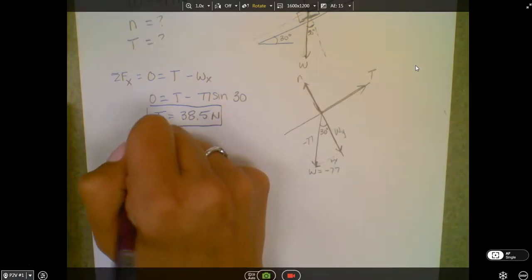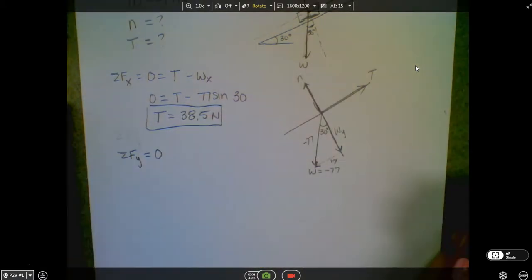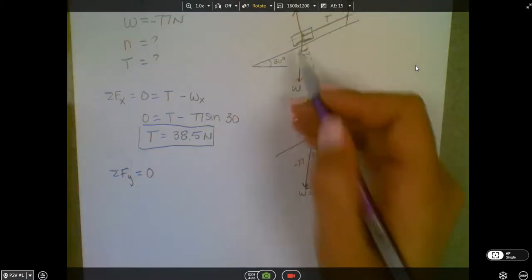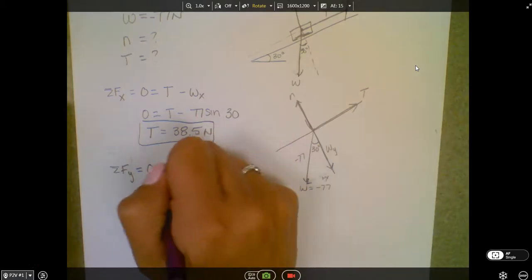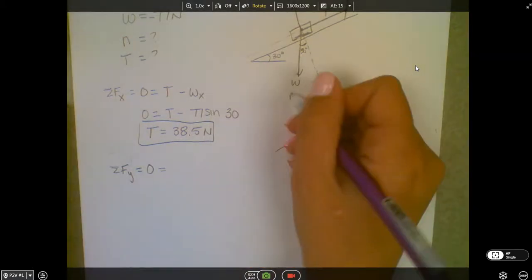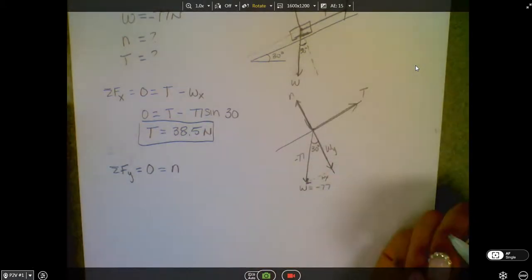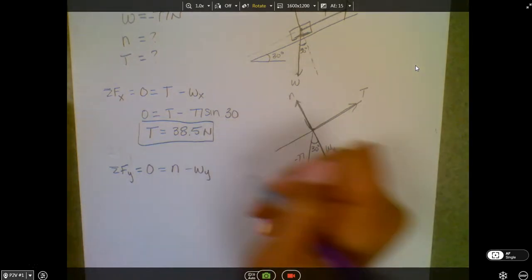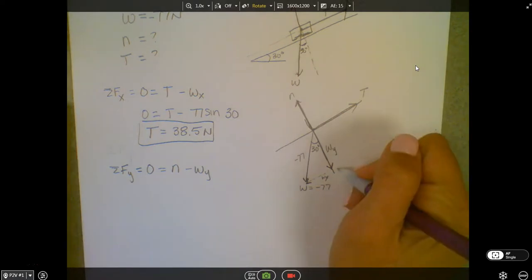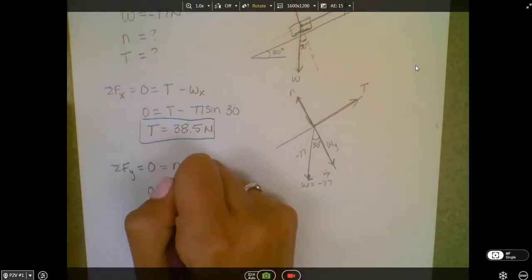Now let's do the net force on the y. We know it's also going to be 0, because the sled is not accelerating off the hill this way or down toward the hill this way. We have the normal force in the positive y, and then we have the weight in the y direction in the down direction. So we plug in what we know.